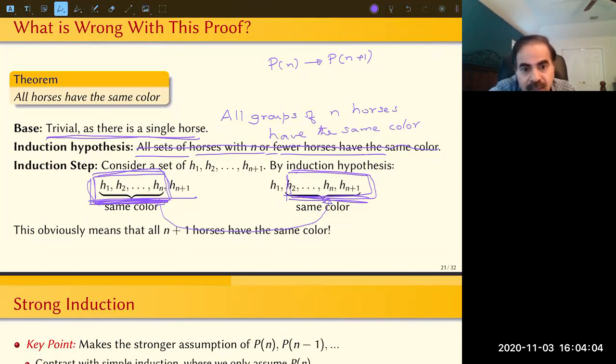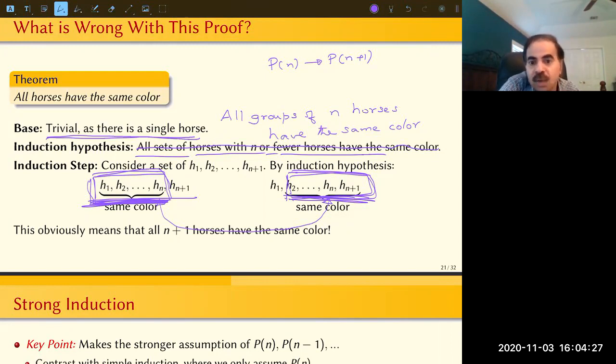That is what makes sure that if these n have the same color and these n have the same color, then all of them have the same color, because there is a common element between this set and this set. And that is true only if n is greater than 1.